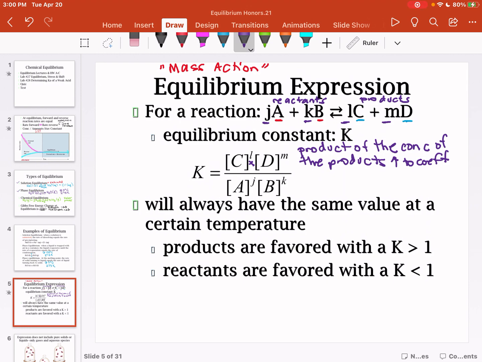So we've got the product of the concentrations of our products raised to the power of their coefficients. Notice that C was raised to the L power, D was raised to the M power, over the product of the concentrations of the reactants, and they are also raised to the power of their coefficients.